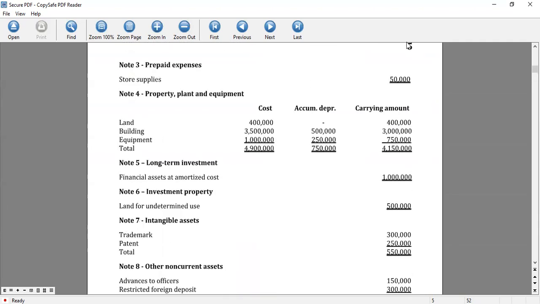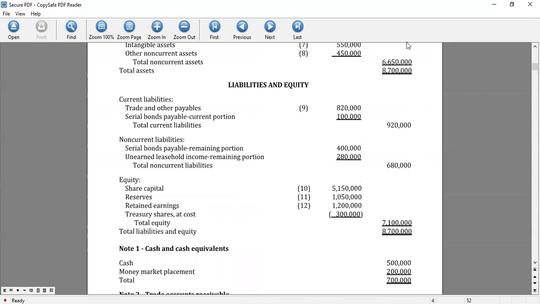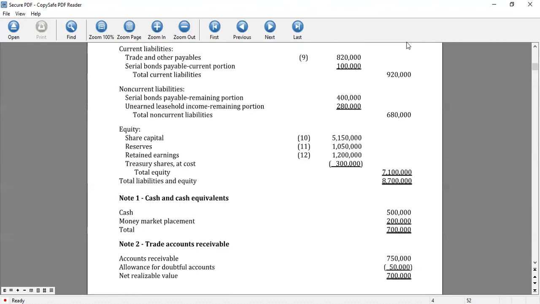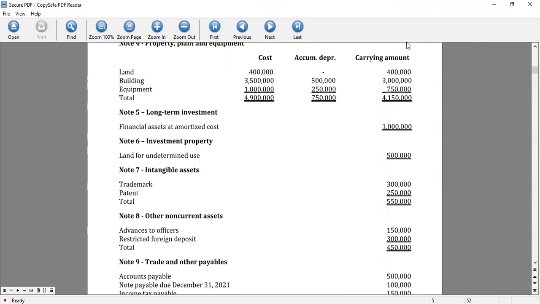So if we now go back to our shareholders equity, note number 10, share capital 5,150,000. Then we have the reserves in note number 11, 1,050,000. And we have now the retained earnings in note number 12.